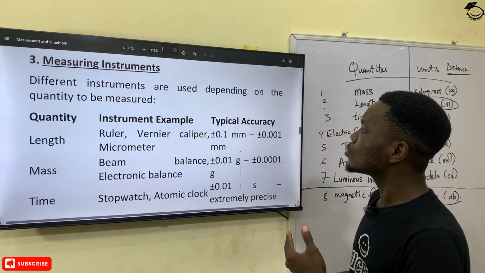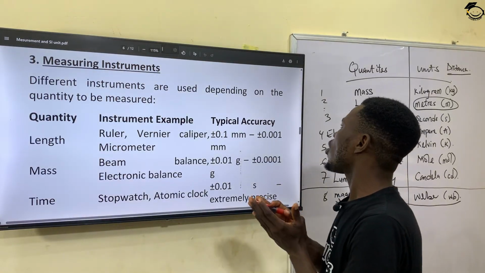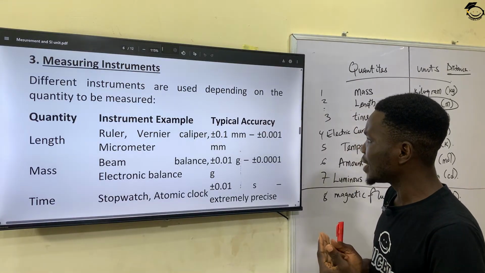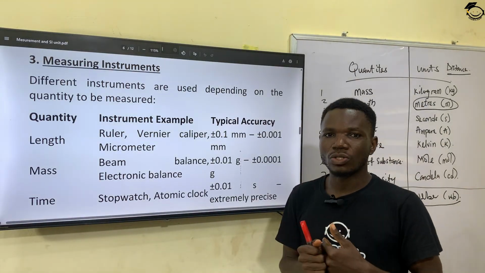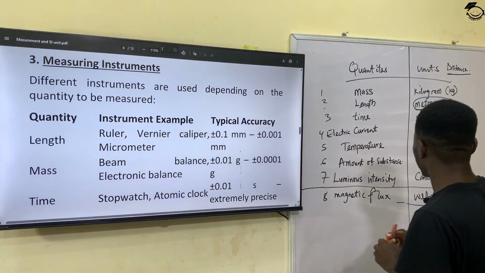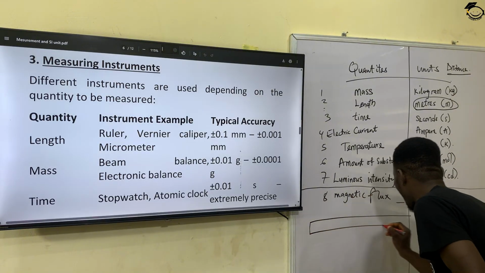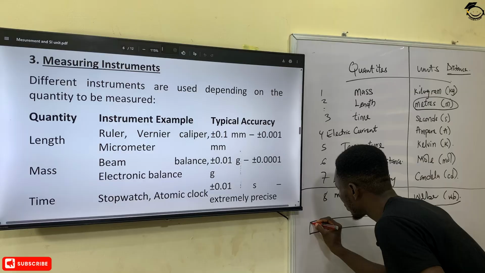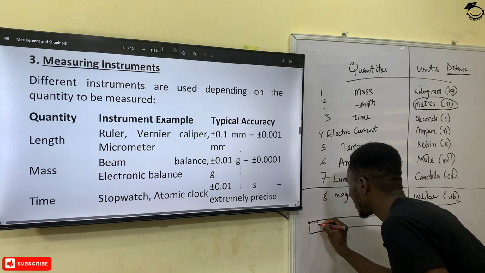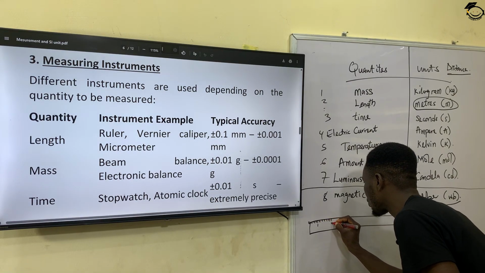Now, your meter rule can measure values with a particular degree of accuracy. That degree of accuracy differs depending on the apparatus. If you have seen your meter rule, you will discover that it has its calibration, such that if this place is 0, I can have other values here, and then I will have 1, then continue that way, and then I will have 2.